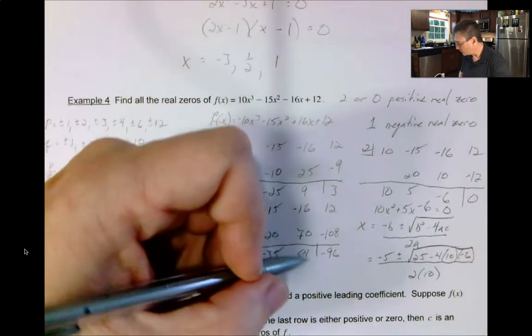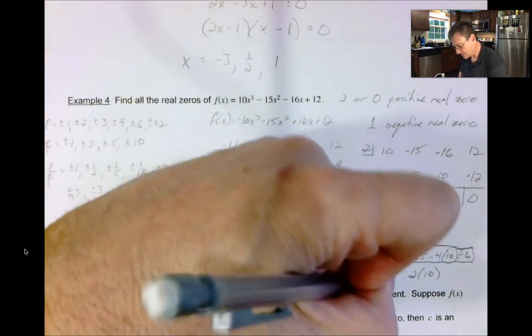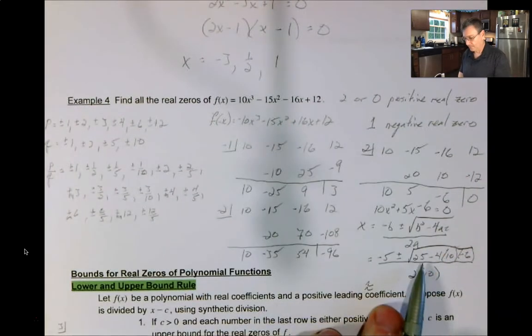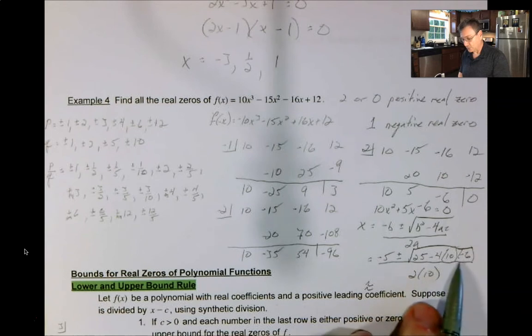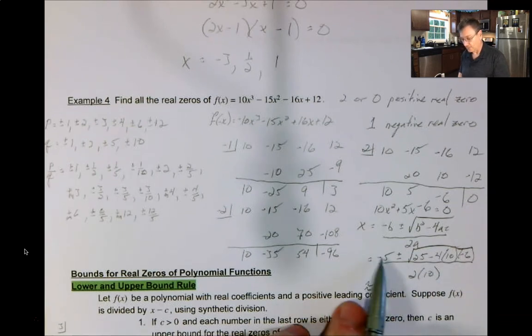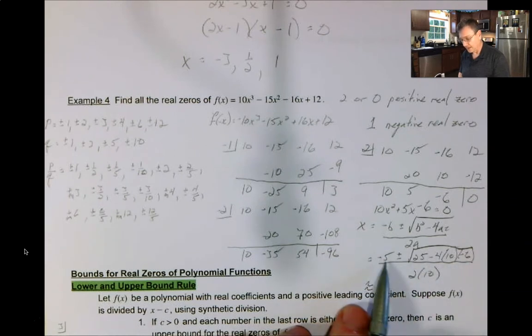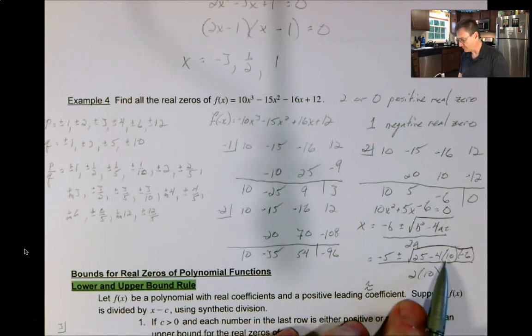I'm going to save you the calculations. This comes down to be approximately, after I do out 25 minus 240, that's going to be square root of 265 divided by 20. So negative 5 plus the square root of 265 divided by 20, negative 5 minus the square root of 265 divided by 20.